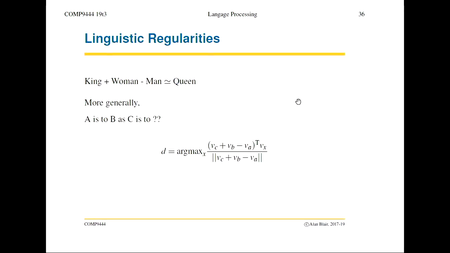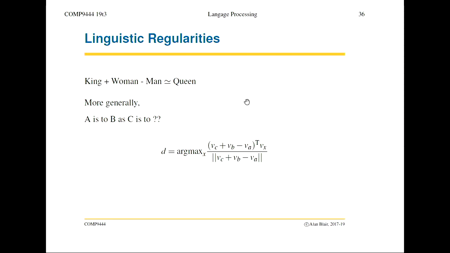Now, these word vectors can also help us to understand linguistic regularities. I don't have a picture of this, you have to kind of imagine it, but these are vectors, and you can add vectors in a vector space and subtract them.